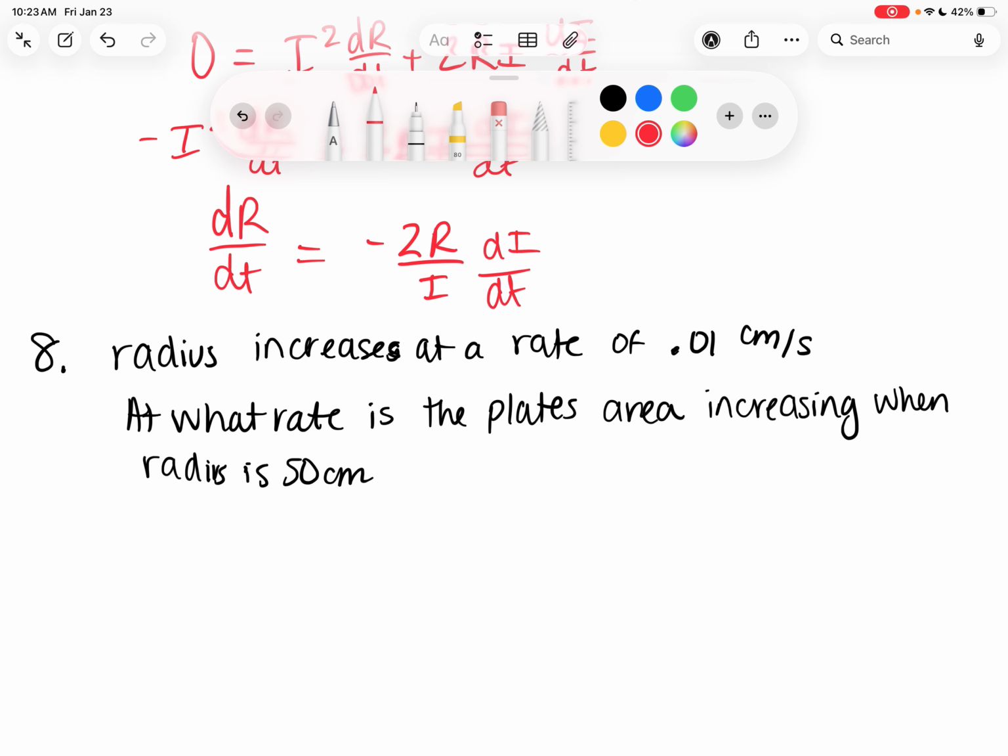All right, so I know that I'm dealing with a circular plate and I'm dealing with area, so I would say A equals pi r squared is going to be my formula. So then that tells me I'm dealing with A and r as my variables, so I'm going to set up my little list on the side here. They tell me that the radius is increasing at a rate of 0.01 centimeters per second, so that's my dr dt.